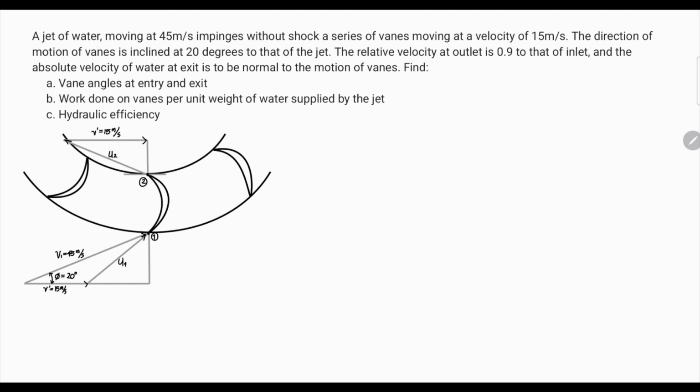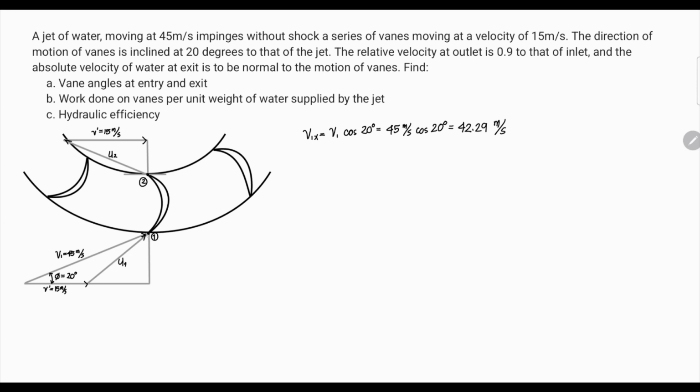So now let's solve right away for our V1x. V1x is equal to V1 cosine 20 degrees. So that is 45 meters per second cosine 20 degrees. That is 42.29 meters per second.